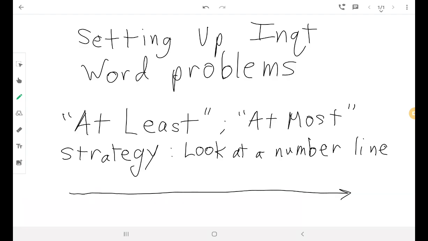So if we're looking at a number line, and if you say, for instance, at least 5 students. So let's mark 5 on the number line.